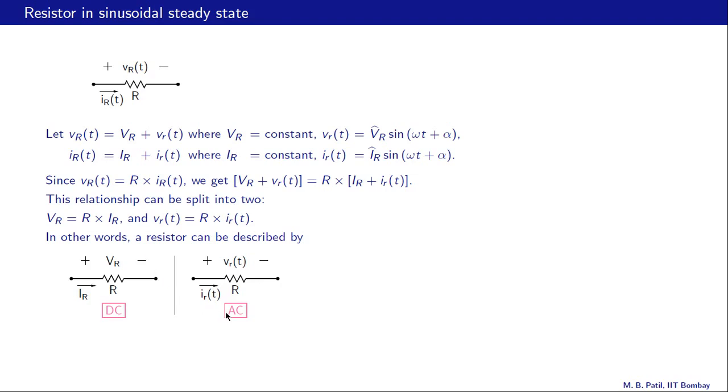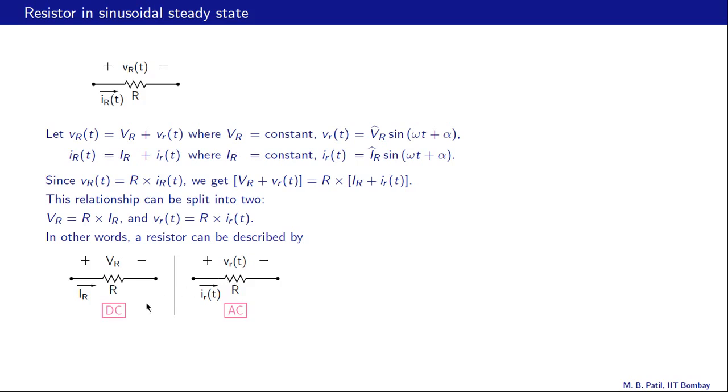Then we have the AC circuit, in which we have small v, small r, the sinusoidally varying part, and small i, small r, again the sinusoidally varying current, and they are also related by the same behavioral equation. So small v, small r is R times small i, small r.